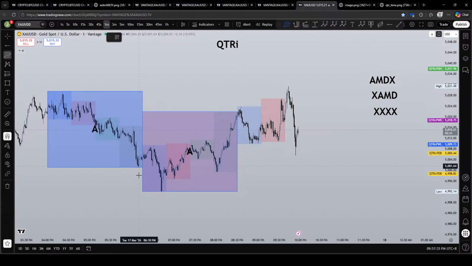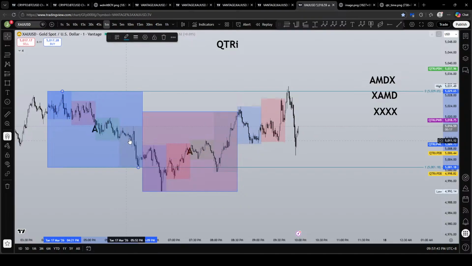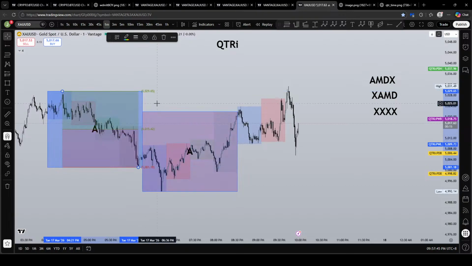When I say equilibrium, I am referring to the quarter PDRA. This quarter PDRA will give us an idea of what low or high will be swept depending on the closing of each quarter.